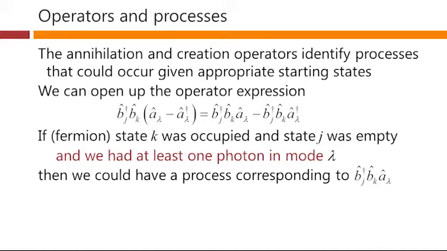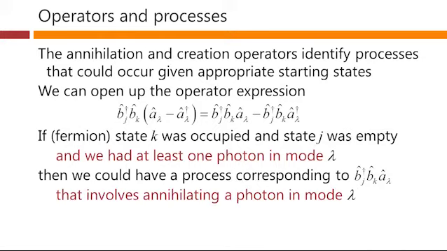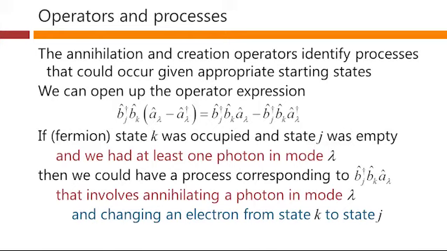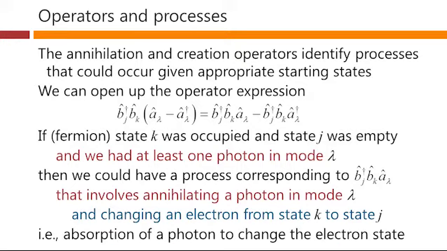So this set of operators, given this set of starting states here, is going to give us some non-zero result. And that result involves annihilating a photon in mode lambda and changing an electron from state K to state J. So this string of operators is identifying a process for us. In this case, the one of absorbing a photon to change the electron state.